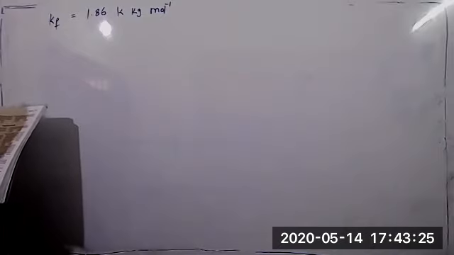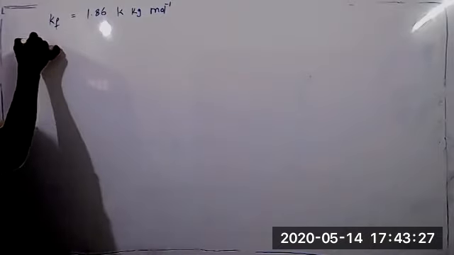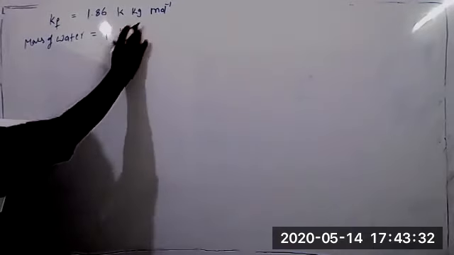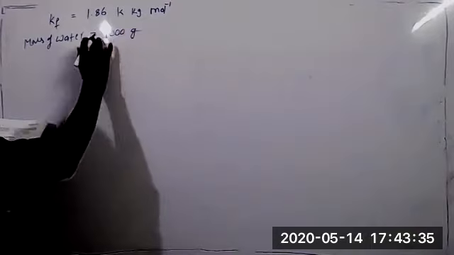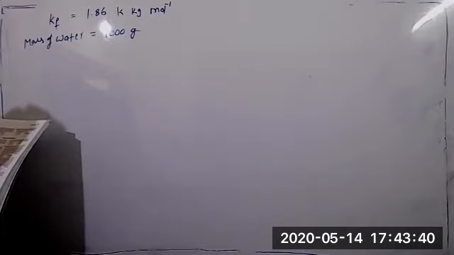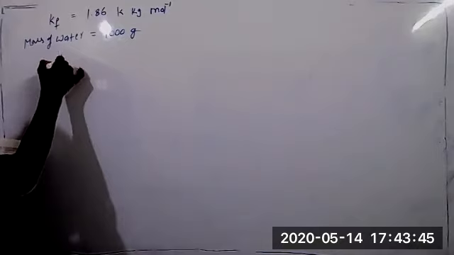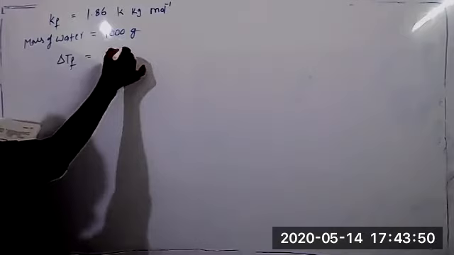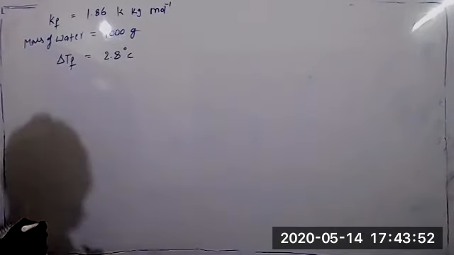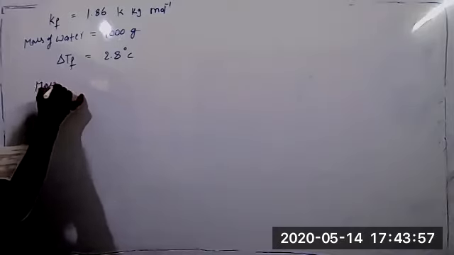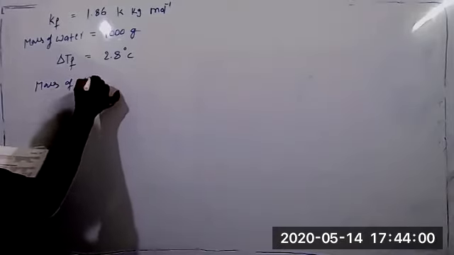If your automobile radiator holds 1 kg of water, the mass of water is 1 kilogram or 1000 grams. How many grams of ethylene glycol must you add to get the freezing point of the solution lowered to, okay, delta Tf is given. Depression in freezing point is 2.8 degrees centigrade. Then the mass of ethylene glycol we have to calculate.